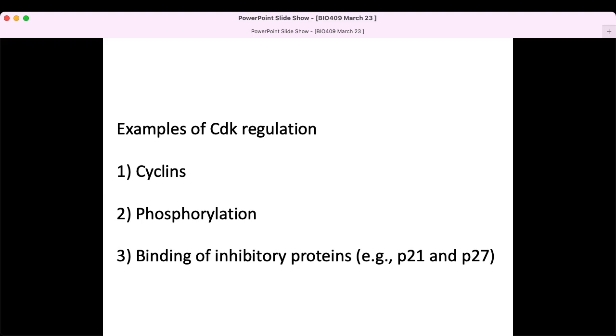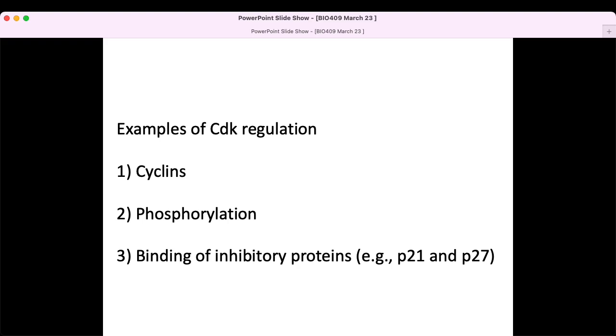Two, it can be regulated by phosphorylation. That's complicated because sometimes it helps activate the CDK, sometimes it helps inhibit it. We'll talk a little bit about that. Then three, there are some inhibitory proteins that could stop it, like the school patrol.